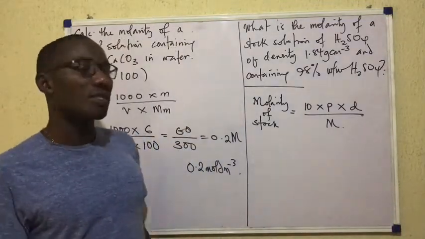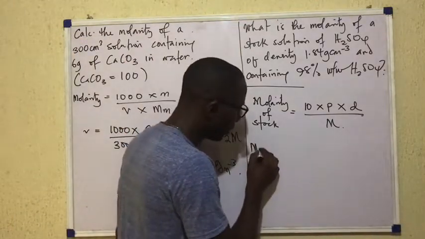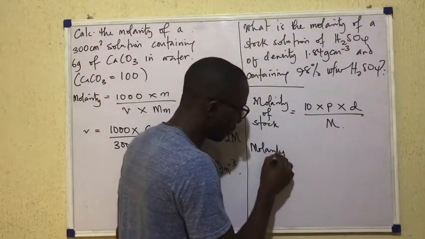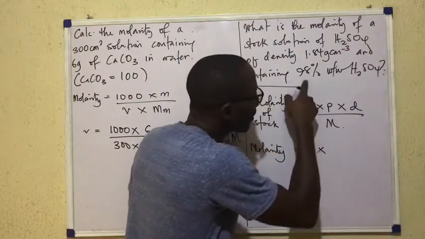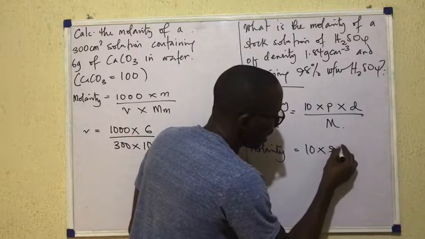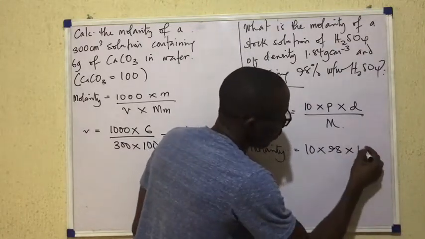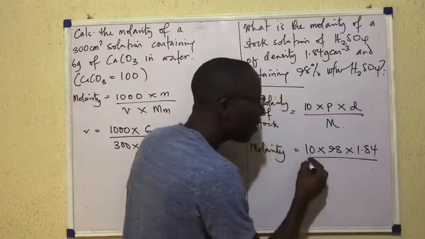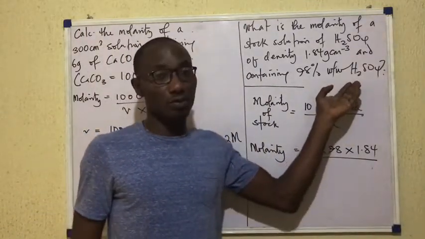In this case, H2SO4. So the molarity of the stock will be equal to 10 times the percentage composition, 98, times the density, 1.84, over the molecular mass of H2SO4, which is 98.